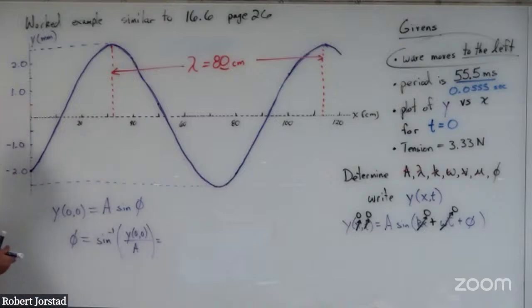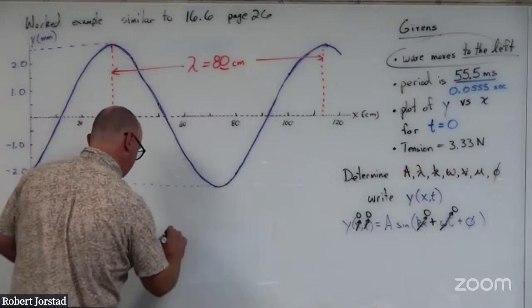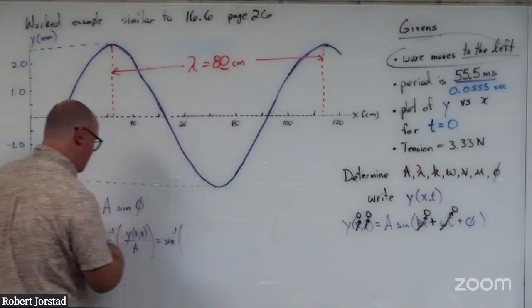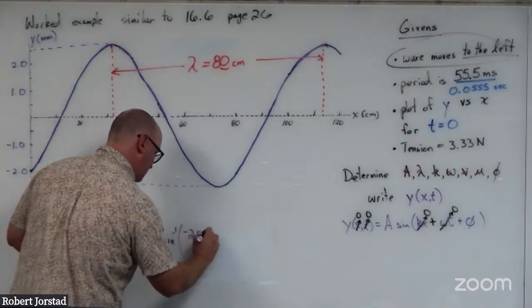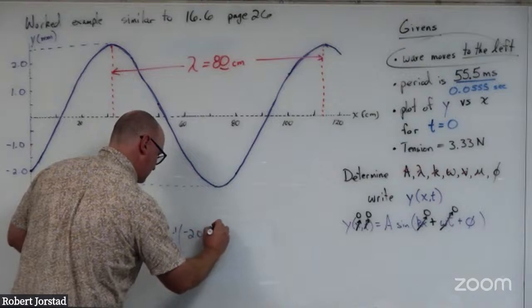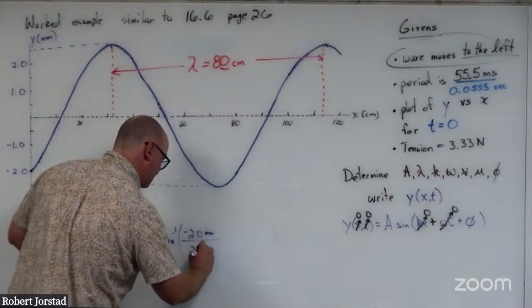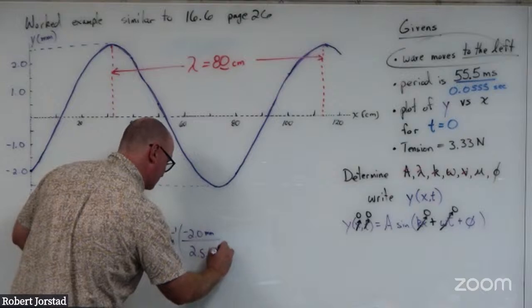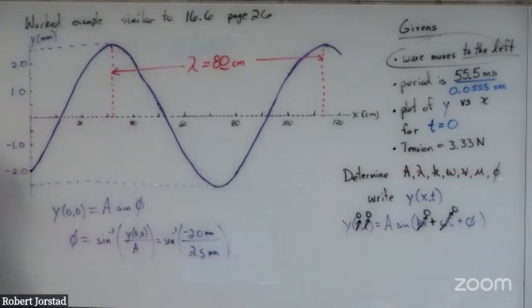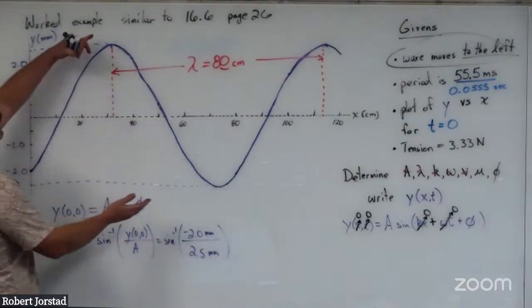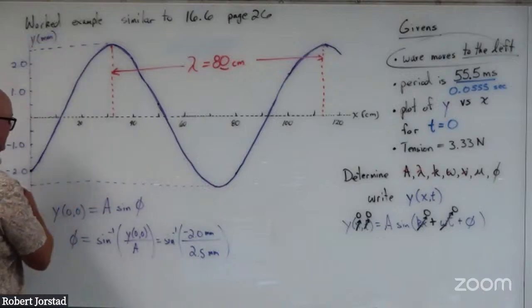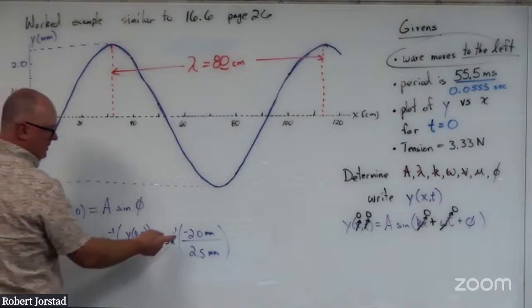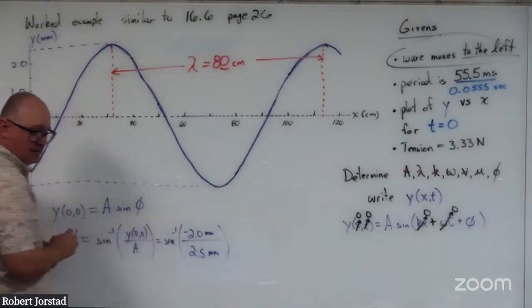Which in this case is sine inverse of -2 millimeters over positive 2.5 millimeters. Amplitude is always positive. Amplitude is peak to peak divided by 2, which was 2.5 millimeters. So notice we'll have a negative number here.